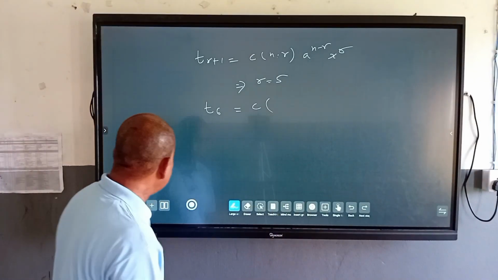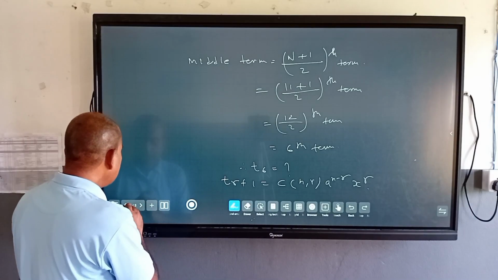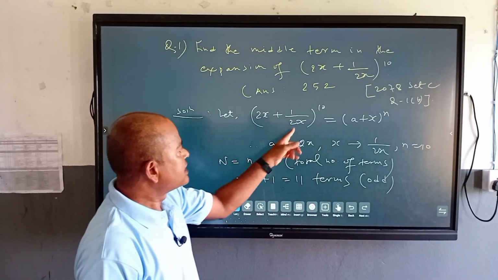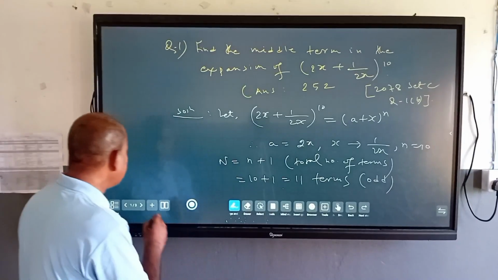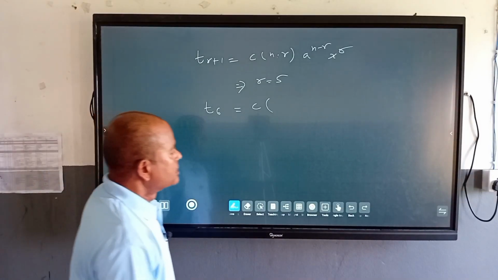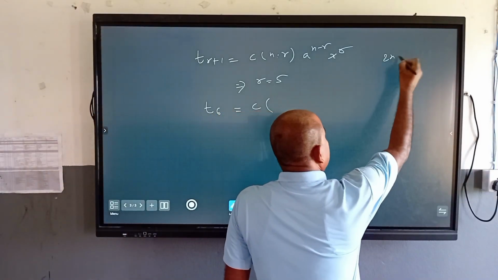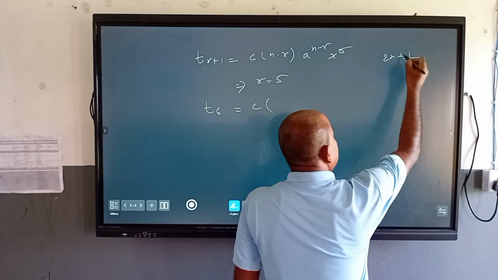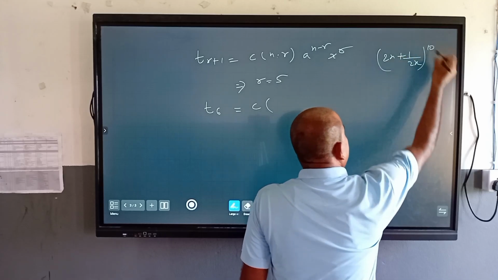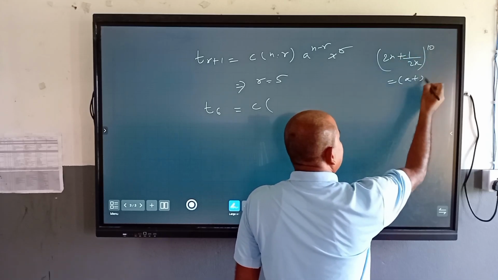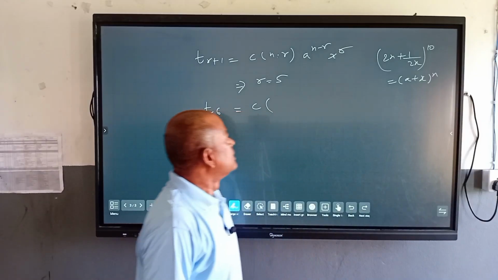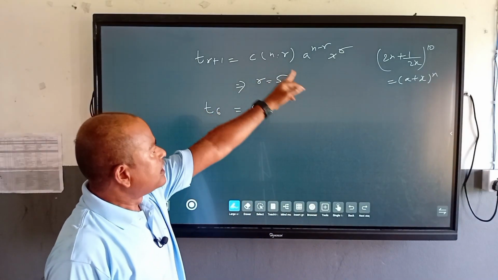Dear students, our binomial expression is (2x + 1/(2x)) whole power 10, and this we have supposed as (a + x)^n. So let's put the value of n.